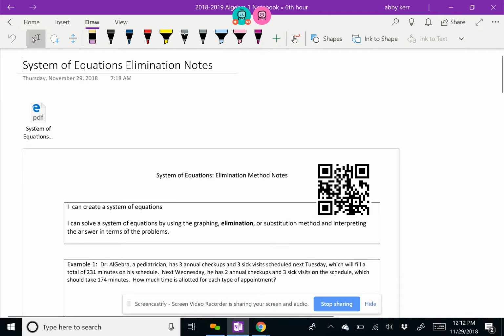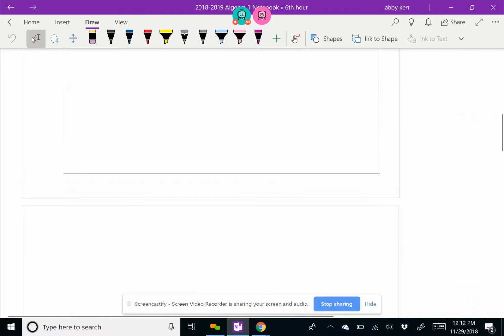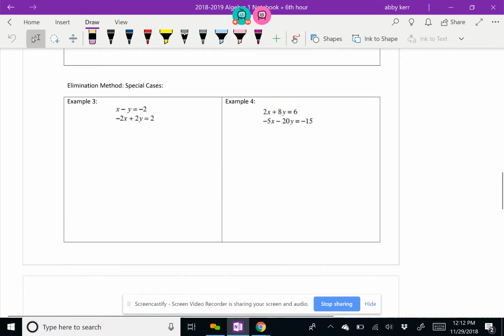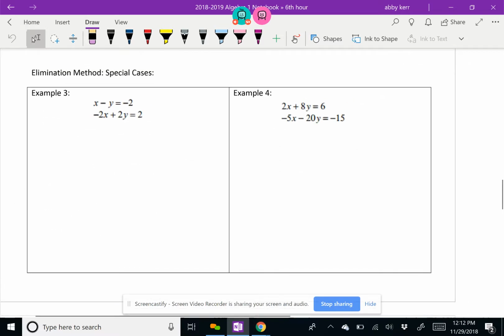Now, where the actual problems are, I started not on example 1, not on example 2, but on example 3 instead. So we have the variables lined up. We have the x's, we have the y's, and we have the numbers. So this is a perfect way of doing elimination.